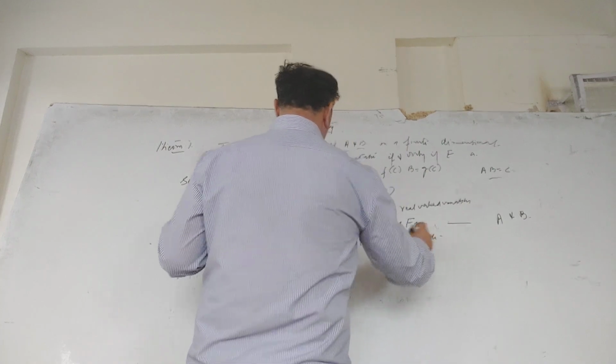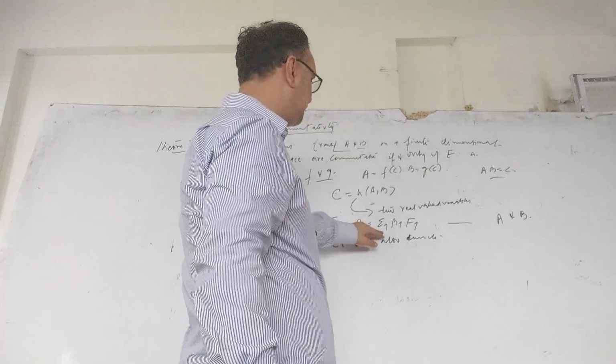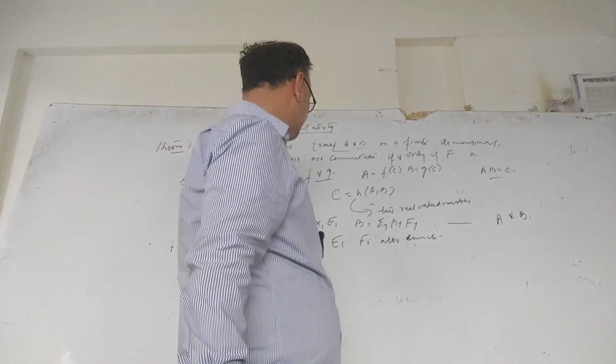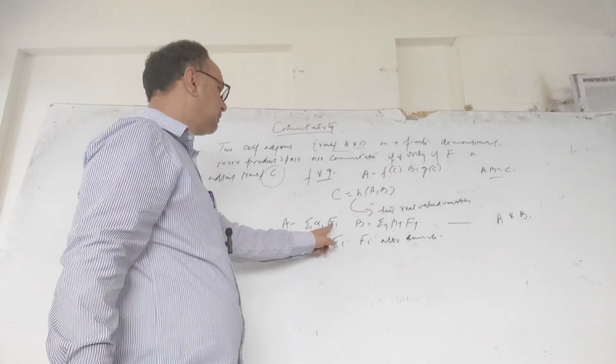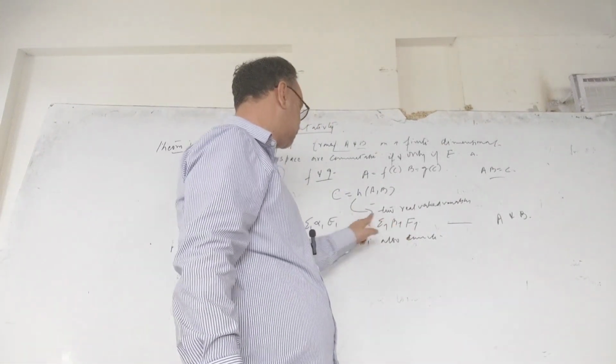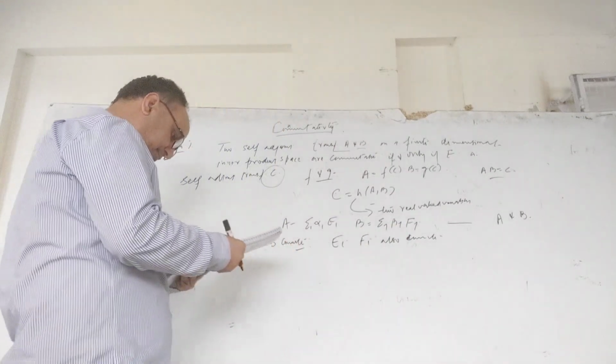So if A is defined like this and B like this, and A and B commute, then these elements should also commute. That's fine.